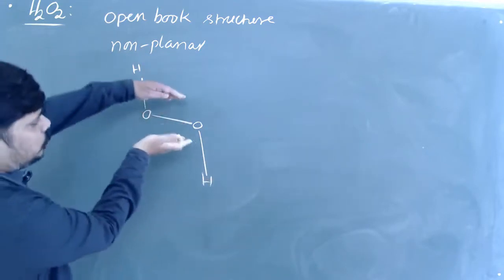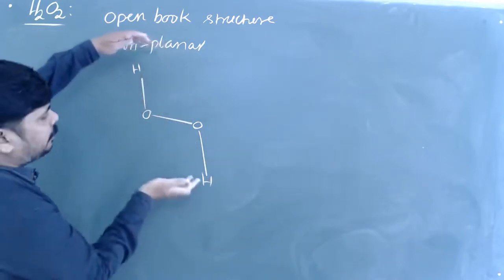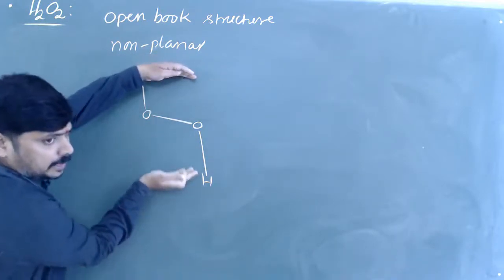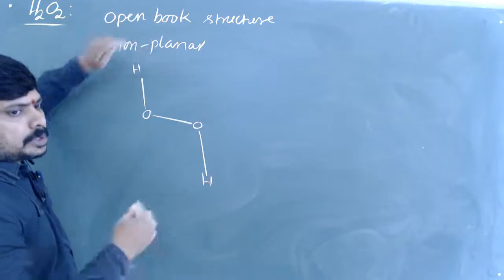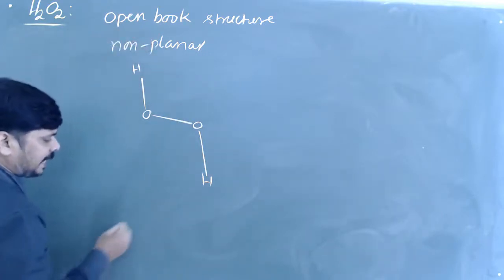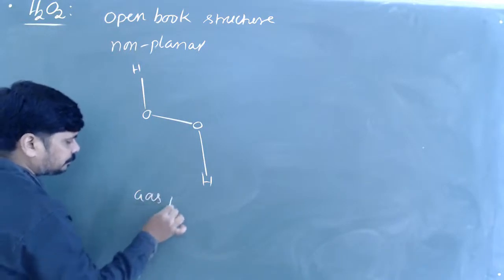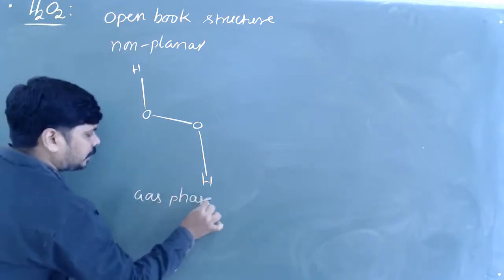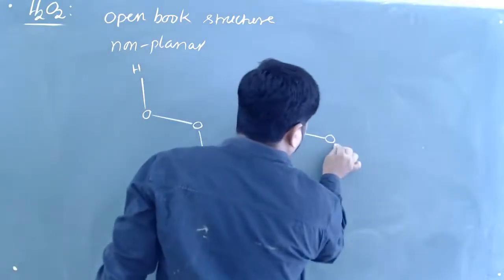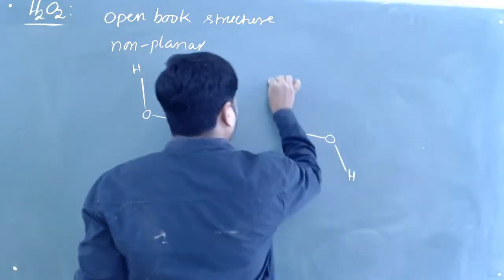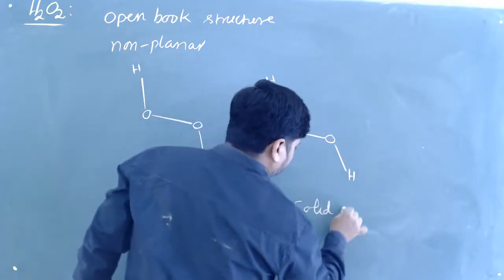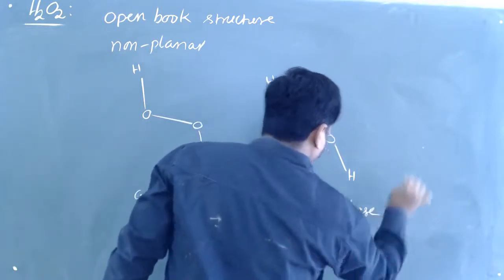If you take two leaves like this, this is one side of the book and this is another side of the book, so that's why it's like an open book structure. And when we take the solid phase and the gas phase, the gas phase has a different angle and the solid phase has a different angle.